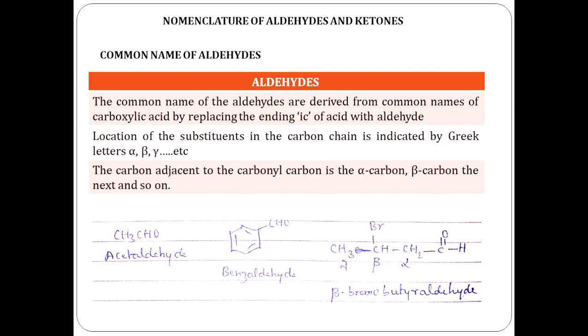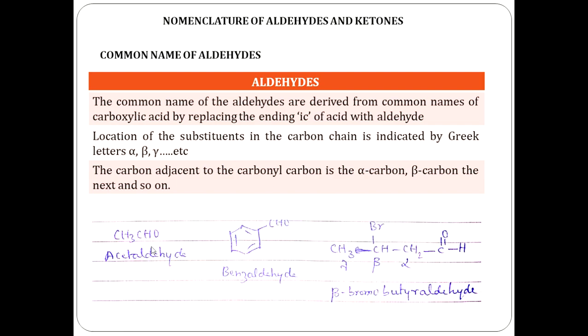If you consider an example of acetaldehyde, CH3CHO, this acetaldehyde is obtained from acetic acid by replacing the ending -ic of acetic acid with aldehyde. Therefore, the name of the given CH3CHO is acetaldehyde.